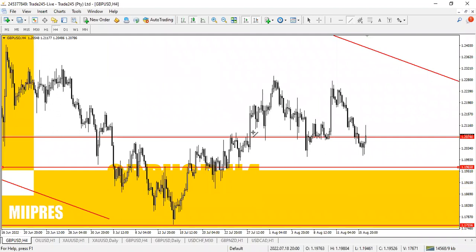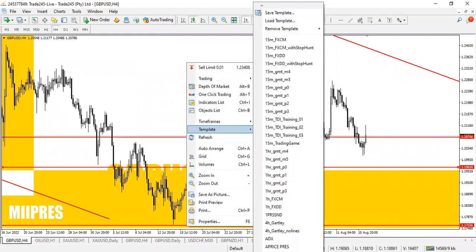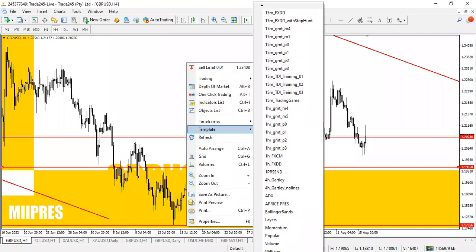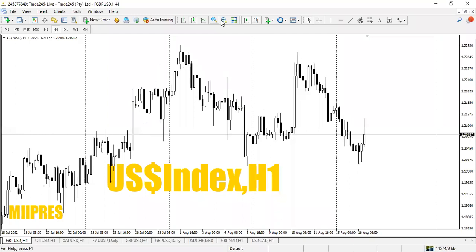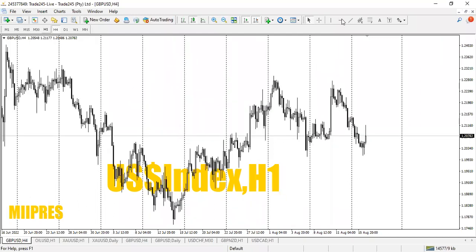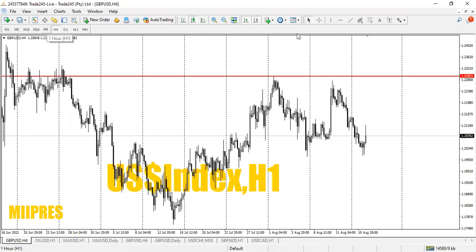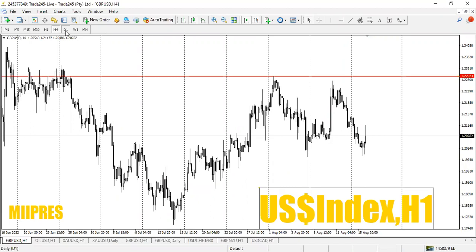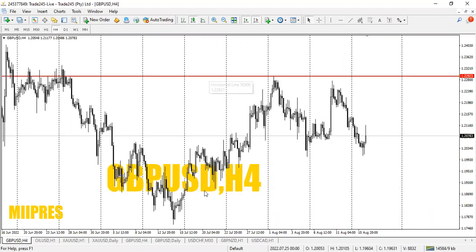When you do analysis, what is important is to look at what the pound has been doing. Today, if you go to daily, now we're in the 4 hours.